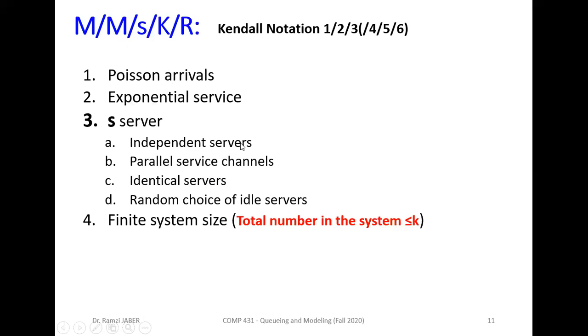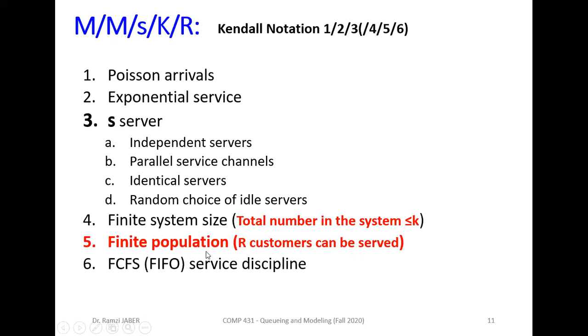Now the update: R is the finite population. Only R customers can be served, so it's a special case here. Finite population, and FIFO. If K is less than R, we will continue.